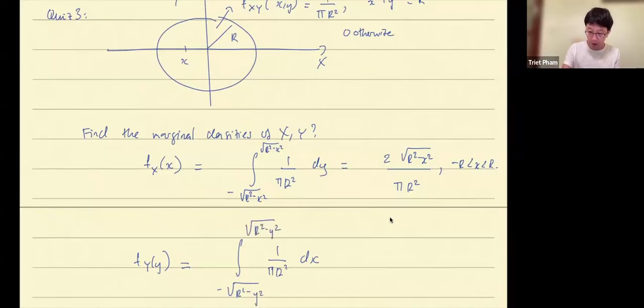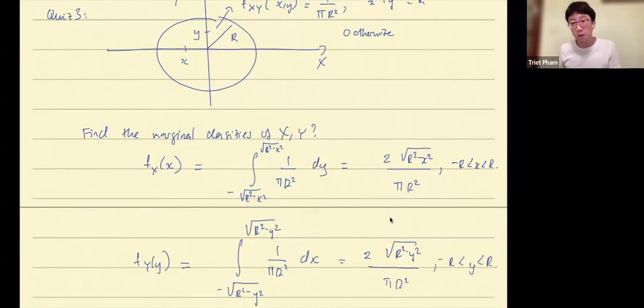But again, the picture here is for a fixed value of Y. Then X can only go from here to here. That's the only possible values of X. Do we understand? Any question?